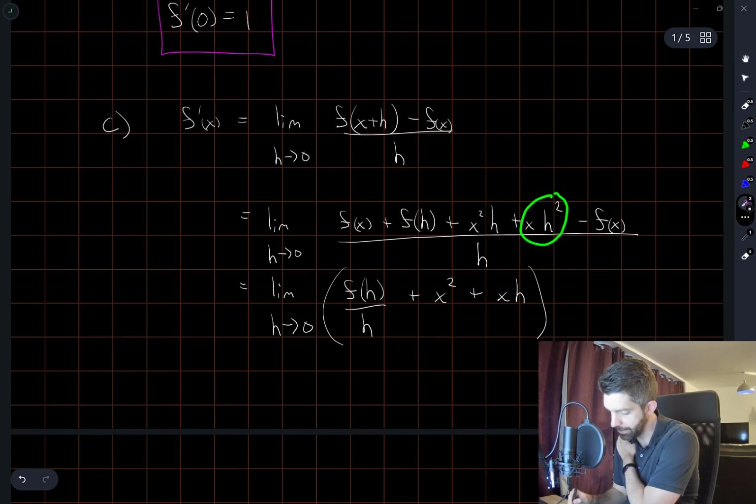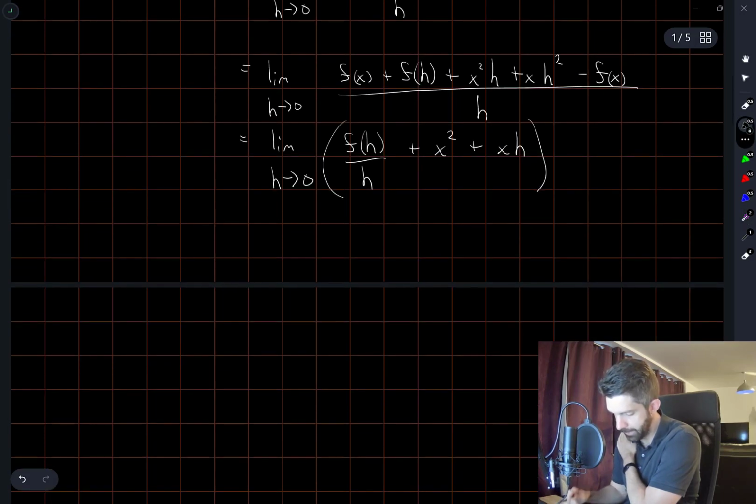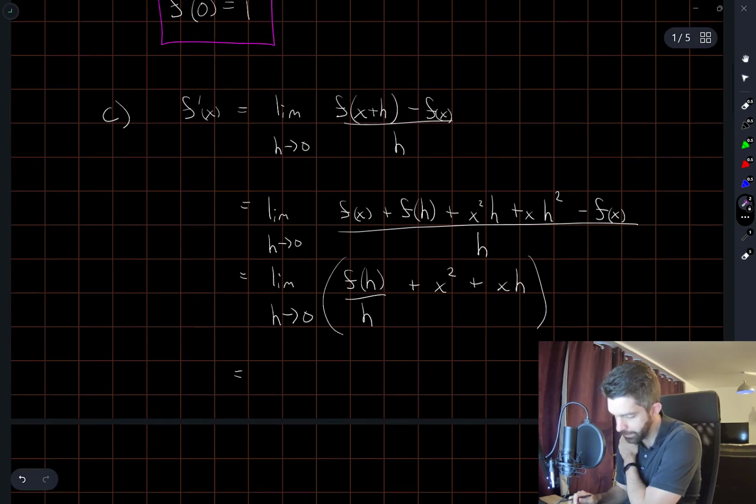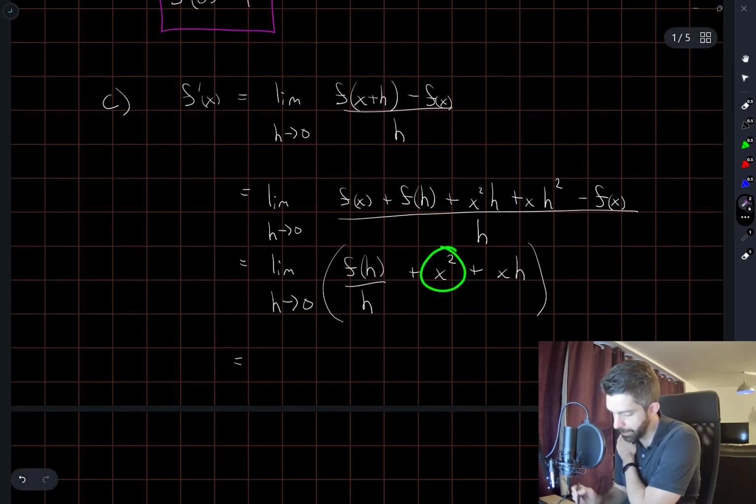And I have x h squared divided by h, that just gives me xh. And, well, I know the limit of this thing as h goes to 0, it's equal to 1. This thing doesn't depend on h, so its limit will just be x squared. And this thing, as h goes to 0, has a limit of 0. So I end up here with 1 plus x squared.